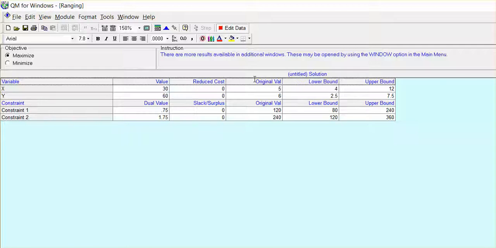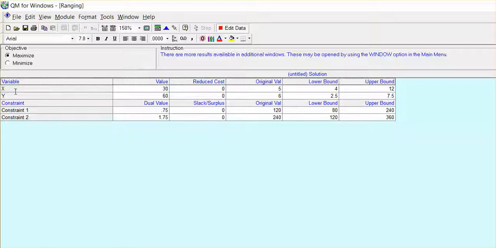And the problem is stating, once again, that because of the technical breakthrough, the profit per unit of x is raised to $8. Right now it's at 5. When we look at the last two columns, we have a lower boundary and an upper boundary. This is telling us that if the profit is between $4 and $12, it will not change the optimal output solution of 30 or 60.